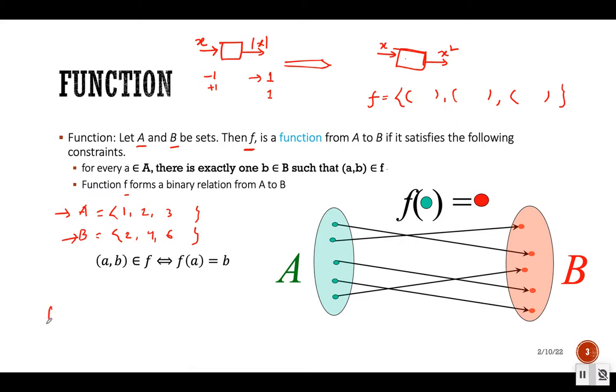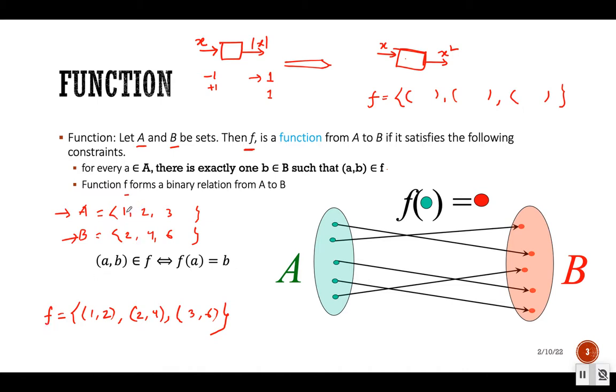So let me write down what the format of f is going to look like. f looks like this. Now let's find out whether this is a function or not.